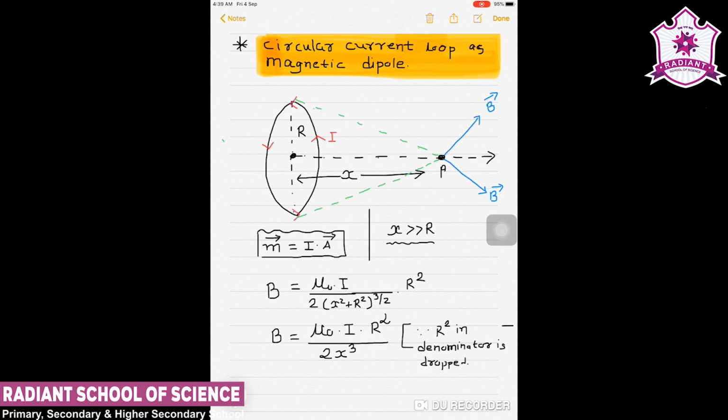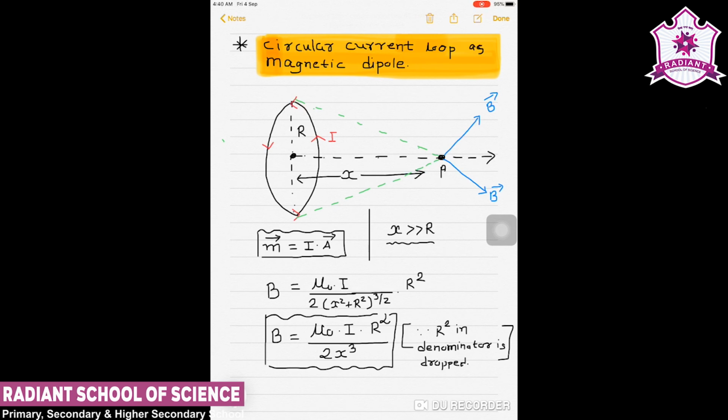This is the assumption that we have made. Now this will be our new equation, in the condition that the magnetic field at a far distance from the loop and on the axial line is given by the following equation.